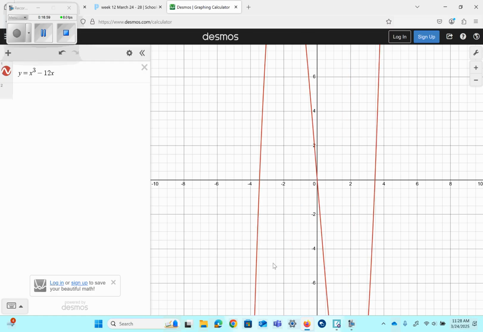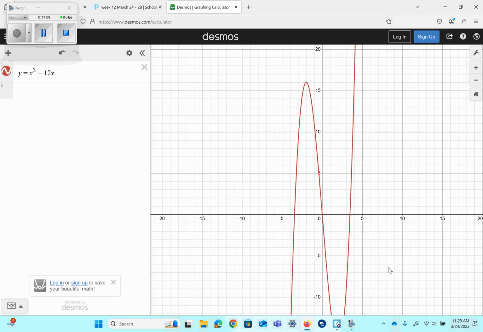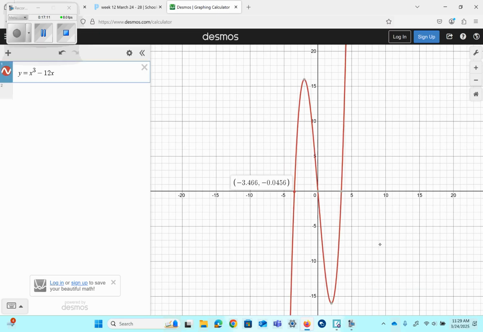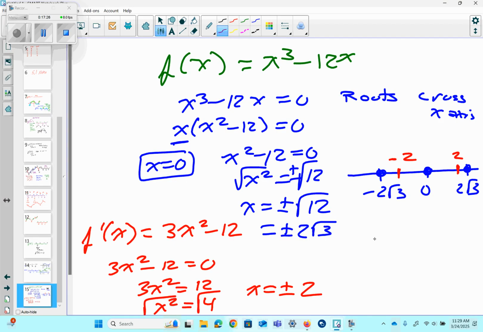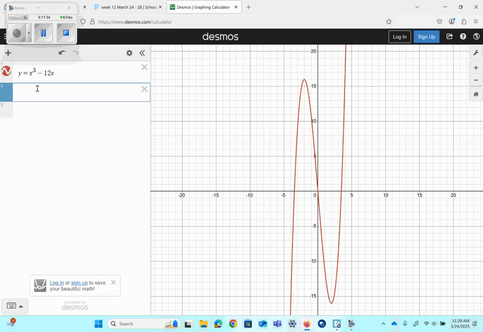Okay, so if you take a look at our graph, you had those particular values, but then I have a value up here. Actually, let's make this smaller. Let's define what all these values are. Okay, so the negative 3.46 and the positive 3.46 has got to be 2 root 3. Let me make sure that's correct.